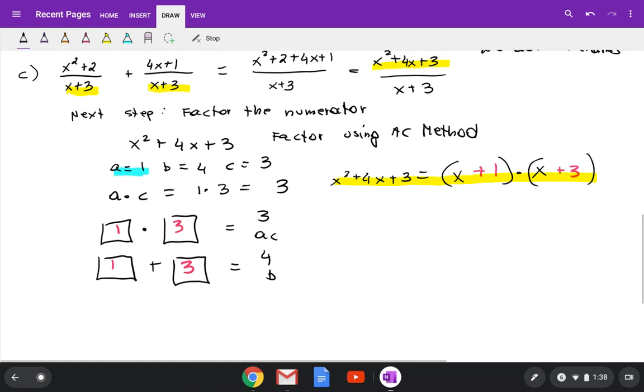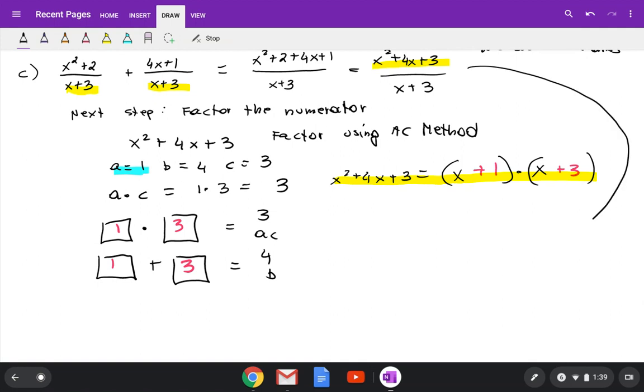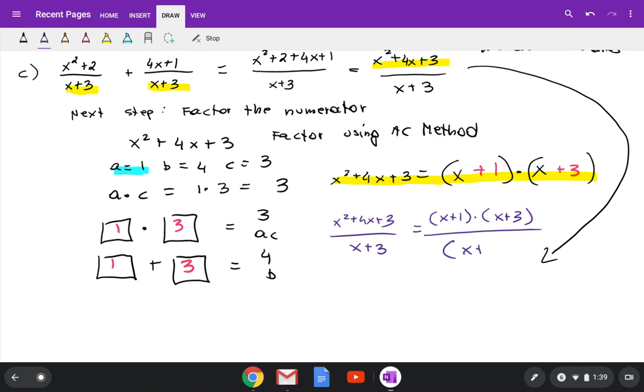So let's go back to that problem right here. x squared plus 4x plus 3 over x plus 3. We factor that quadratic, and we end up with x plus 1 times x plus 3 over x plus 3. Also, what I recommend with rational expressions is that when you have a binomial, which means two expressions together, keep them in parentheses, so you will see what you can cancel.